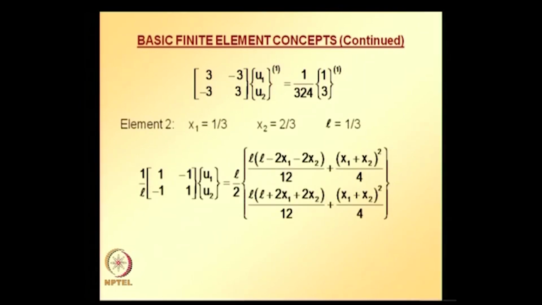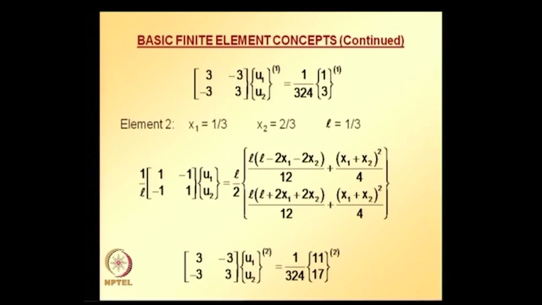Element 2 is also an element for which x is equal to 1 is not part of it. So, you can use the same equation system, that is element equation without boundary conditions. You plug in x1, x2, the local node 1 coordinate, local node 2 coordinate and length of that particular element, you get element equations for element 2.